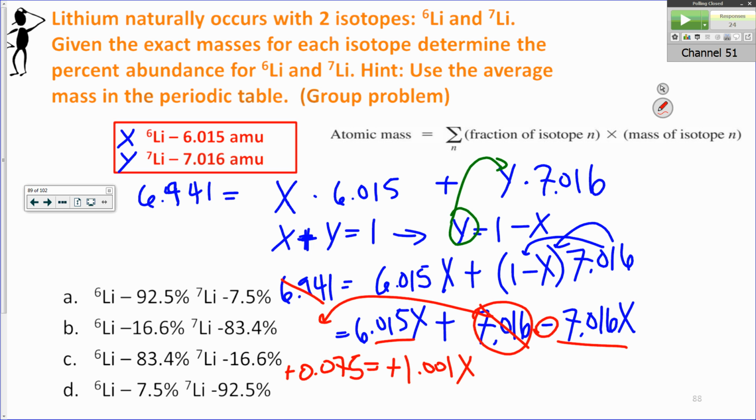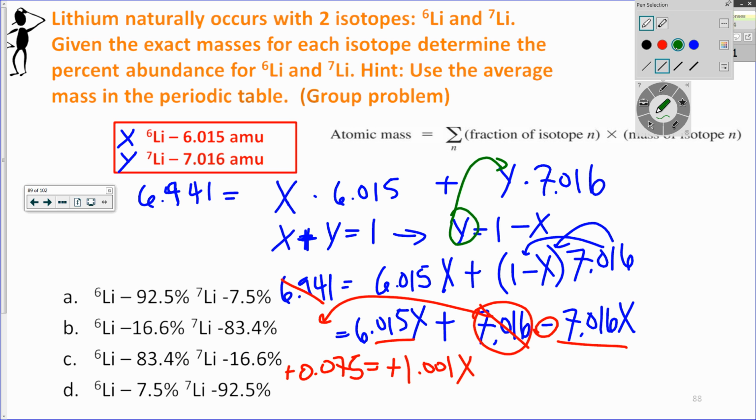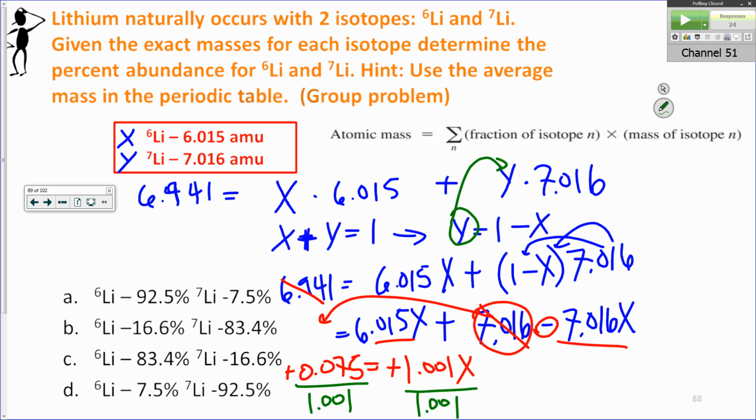To isolate X, I divide both sides by 1.001. And that tells me that X is equal to 0.075. The decimal equivalent converted to a percentage tells me that it's 7.5%.